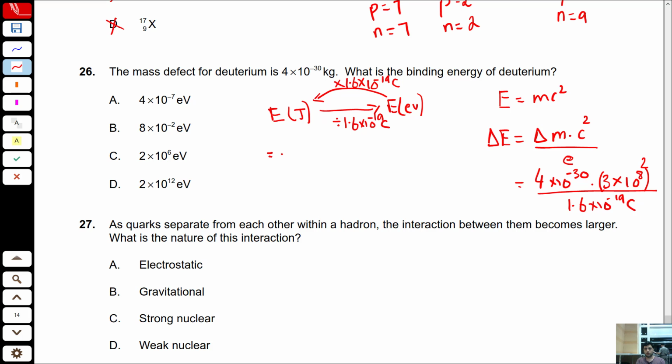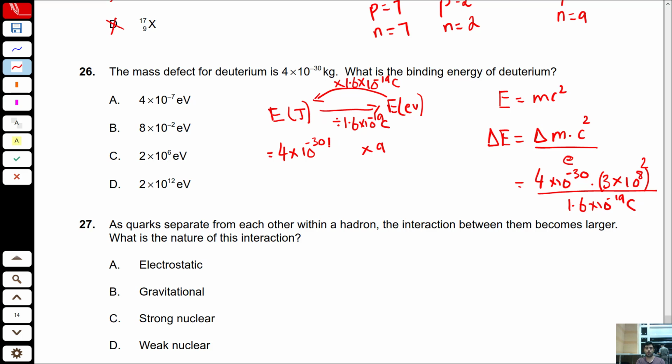So we have 4 times 10 to the power negative 30. If you look at this part carefully, 3 squared is 9, so we have 9 here. And for 8 times 2, don't take 8 squared, it's 8 times 2, which is 16.